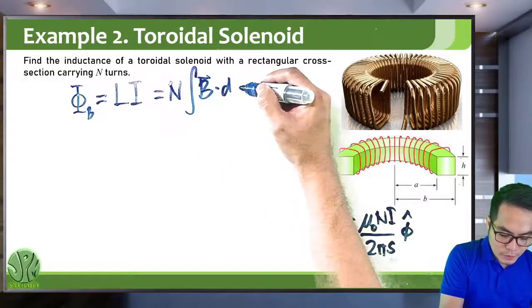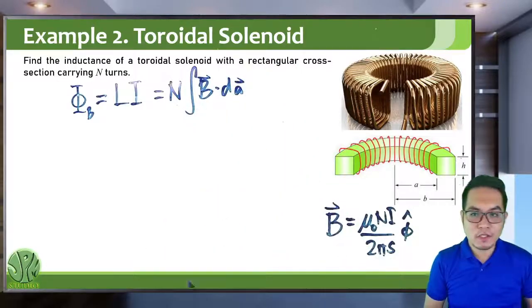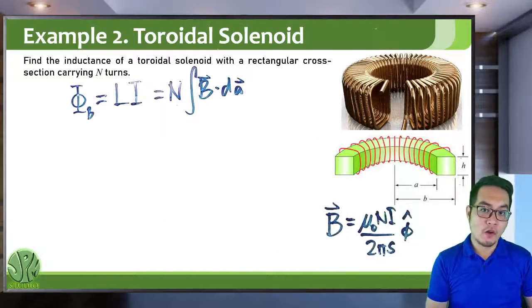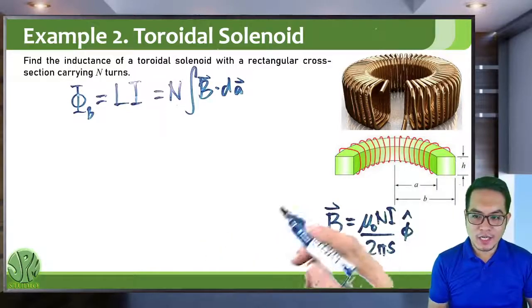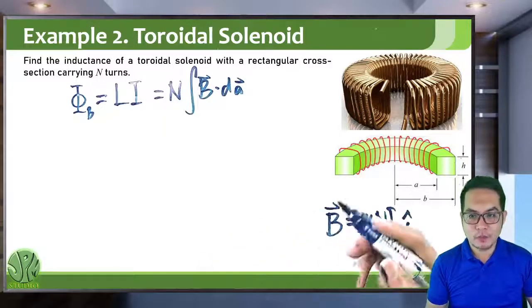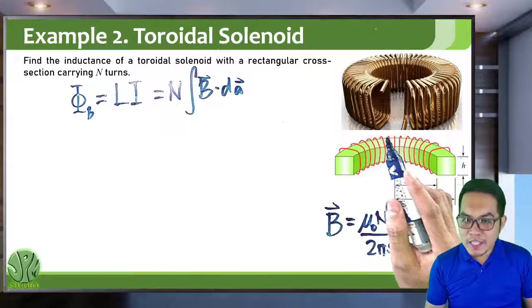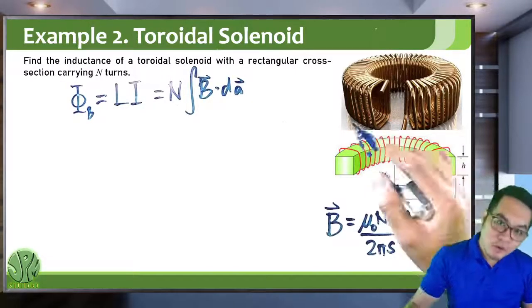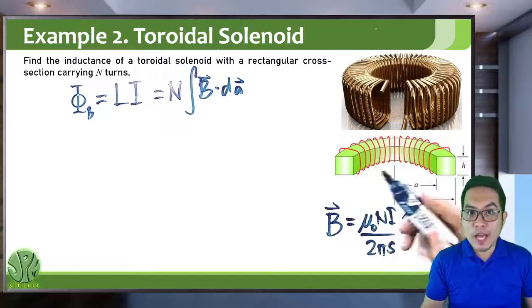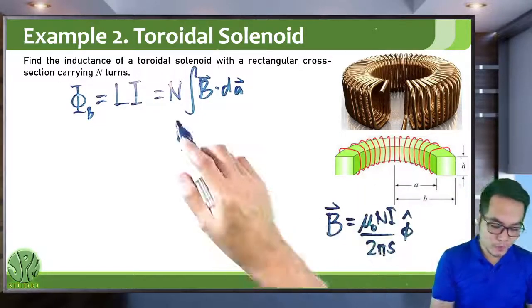Again, we need to multiply by the number of turns if we now have more than one loop being induced. There are N loops here, and these N loops are inducing on their own N number of loops.